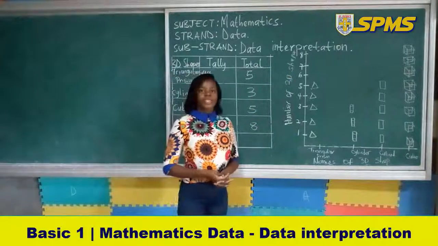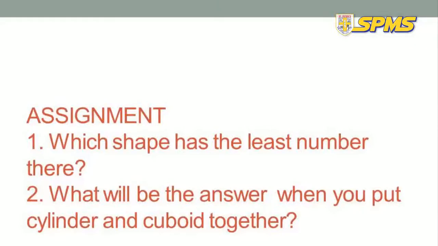Take your jotters. Our first question, which shape has the least number there? Looking at our pictorial graph and our tally chart, which shape has the least number there? My second question, what will be the answer when you put cylinder and cuboid together? So you're going to use the idea of addition.